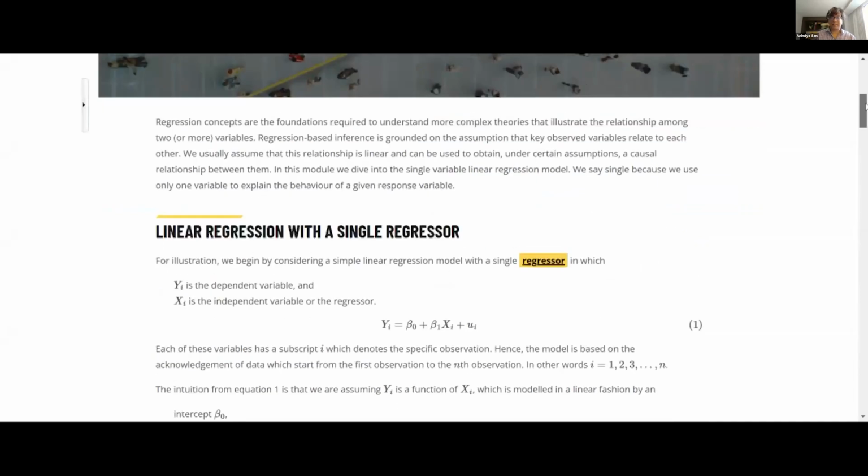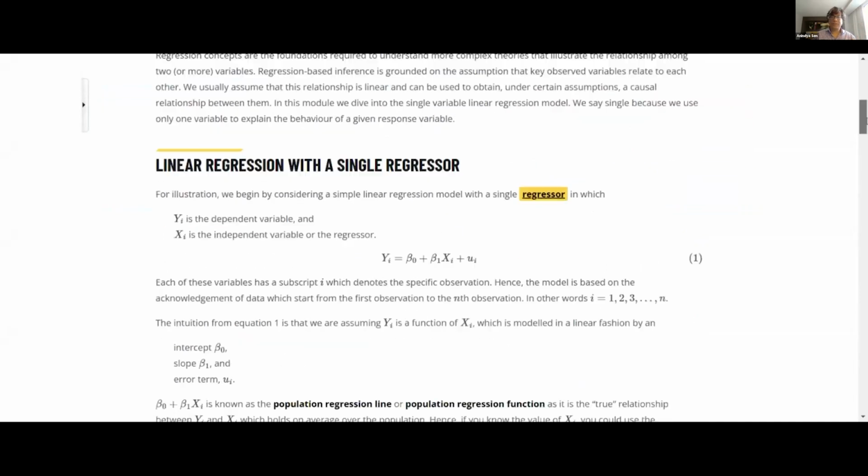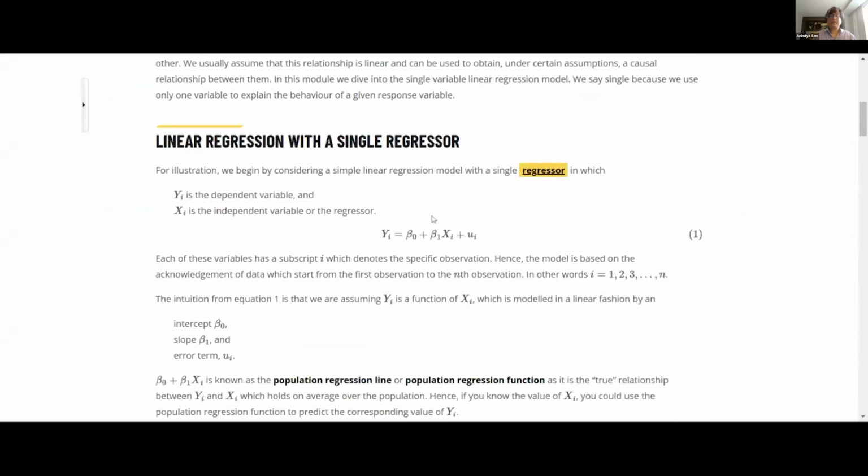So let me summarize. What is a regression model? The regression model allows you to get estimates of the relationship between an X variable and a Y variable. It's based on data.